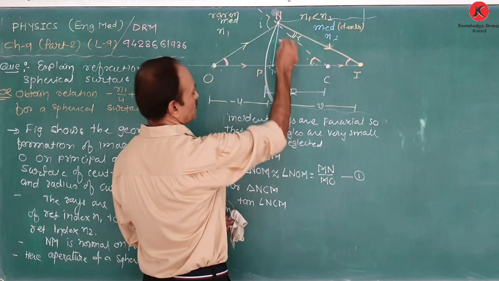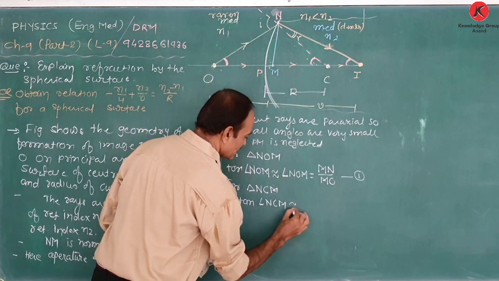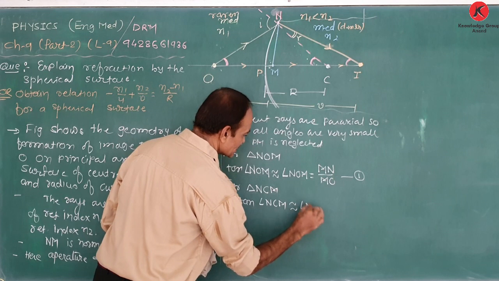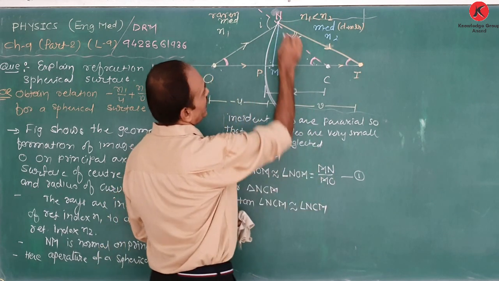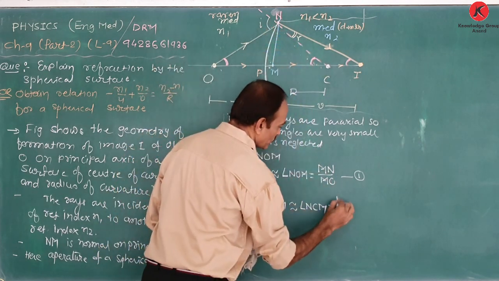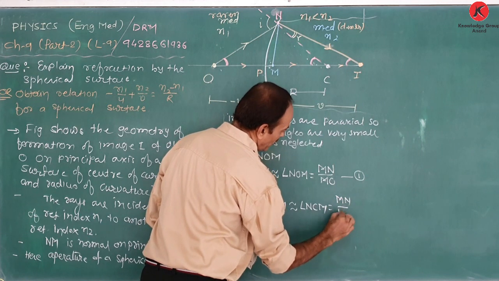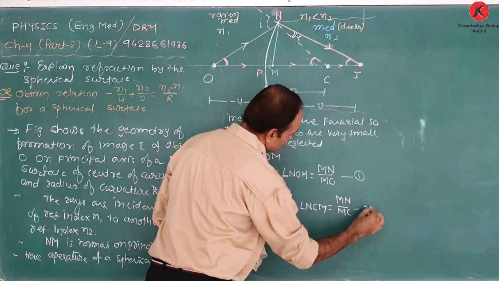This angle is very small, so we can directly write angle NCM is equal to MN upon MC. Equation 2.